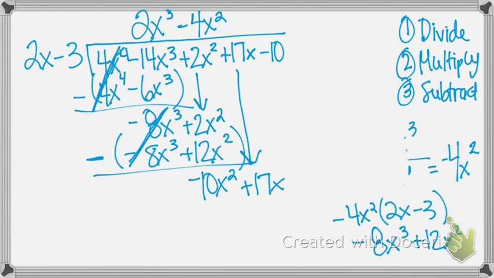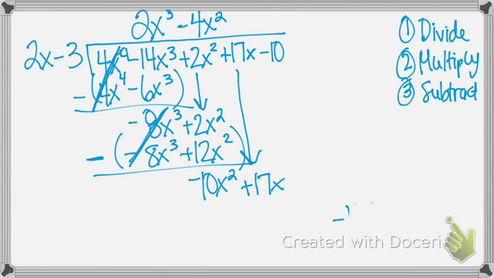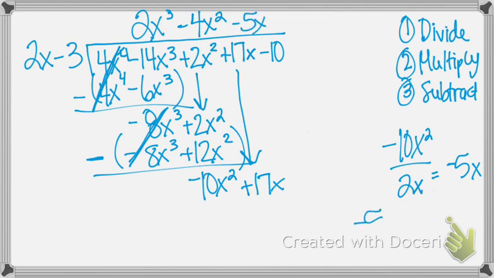Okay? We'll do it again. Negative 10x squared divided by 2x is a negative 5x. We multiply negative 5x times 2x minus 3, and we get negative 10x squared plus 15x.